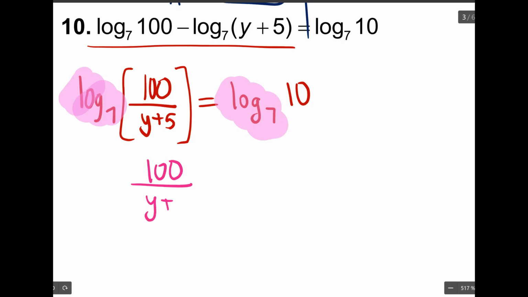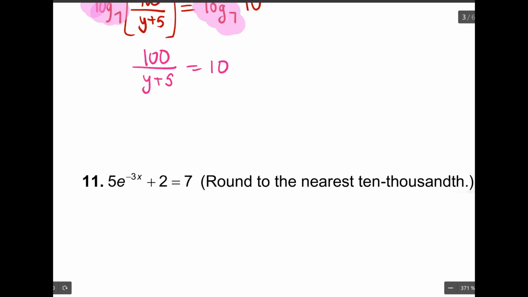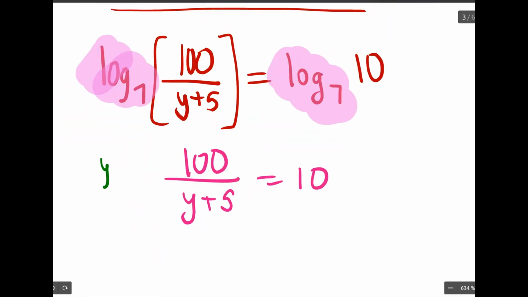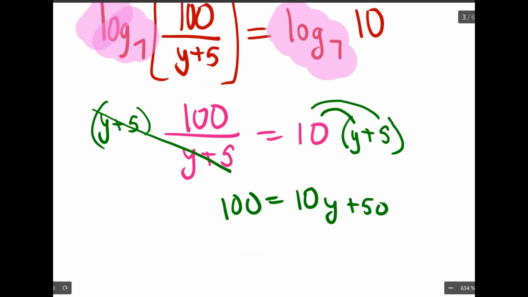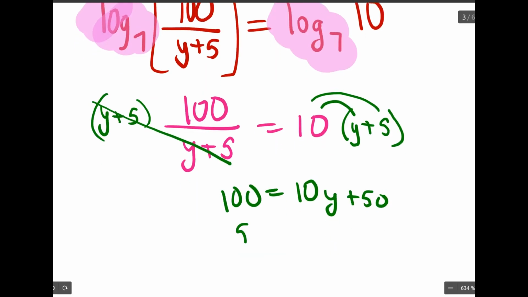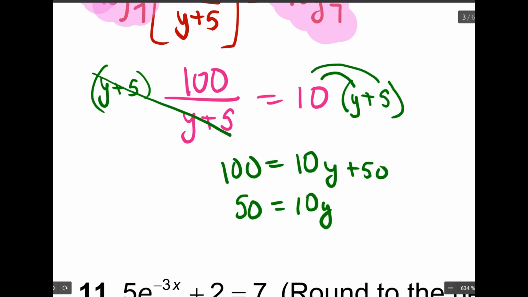So if I multiply both sides by y plus 5, that will cancel on the left side, and I have y plus 5 over here. 100 equals 10y plus 50. So distribute the 10 out. Minus 50 on both sides. Divide by 10, y is 5.